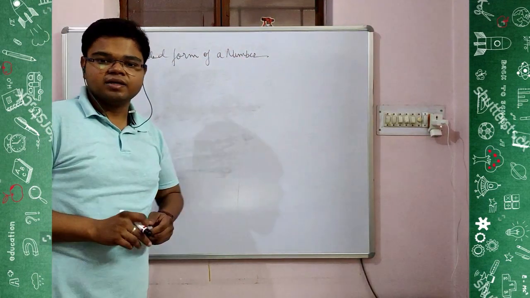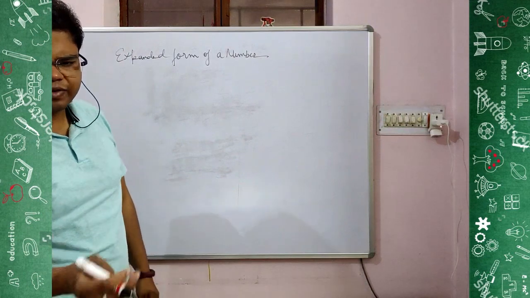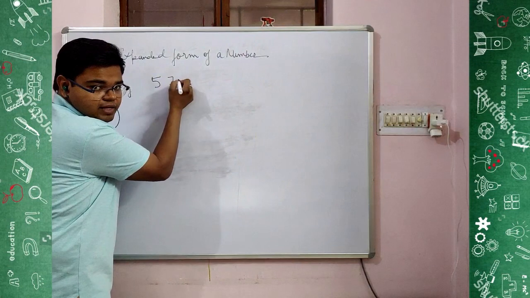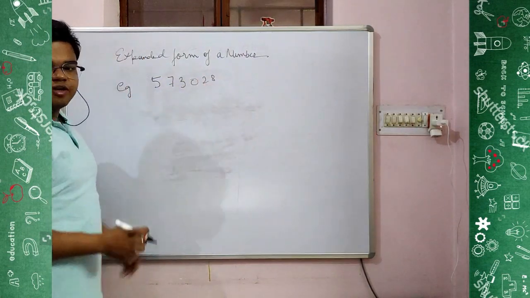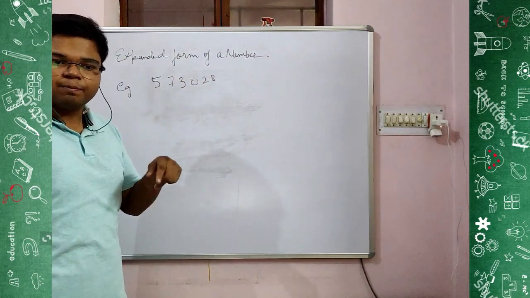So children, firstly we'll consider an example, and expanded form of a number is very simple. It is simply, let us take an example, 5733028. Simply we will be multiplying the digit with its place value.